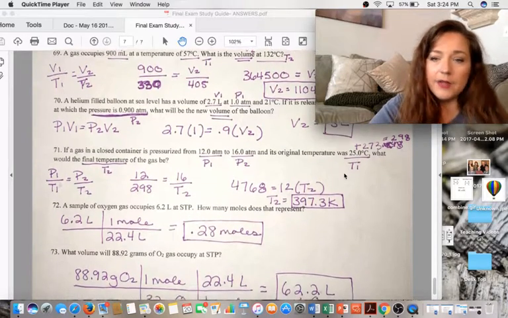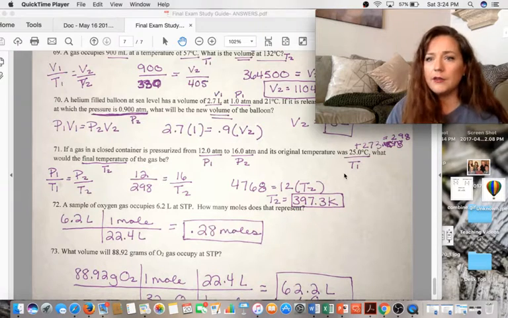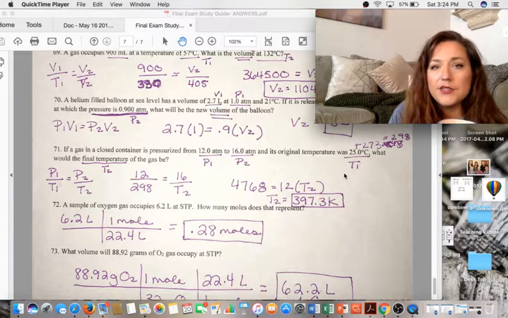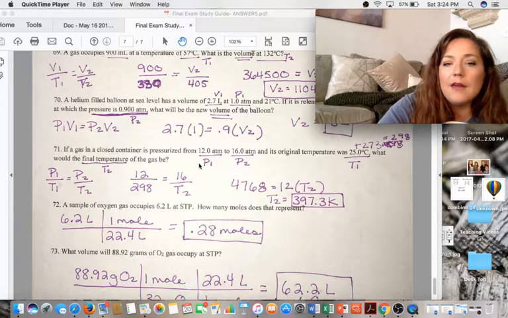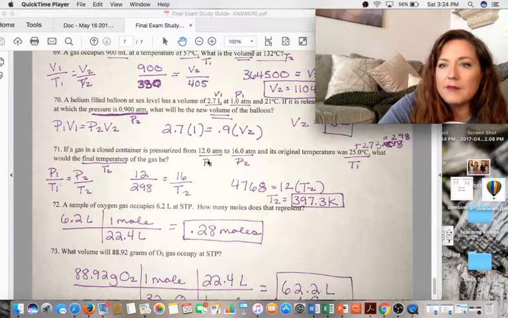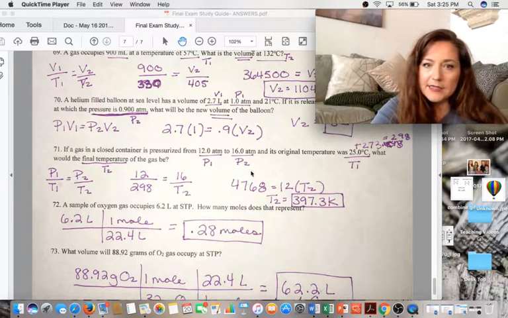All right, 71. P1 over T1 equals P2 over T2. My first pressure mentioned is 12 atmospheres. My second pressure mentioned is 16 atmospheres, so that's my P2. I know this sounds silly, but underlining and identifying it on the test really does help, guys.